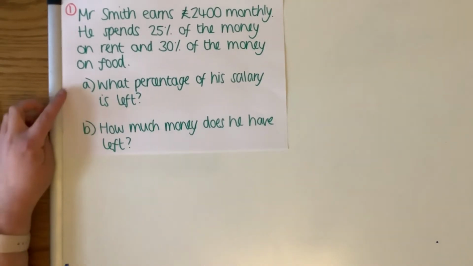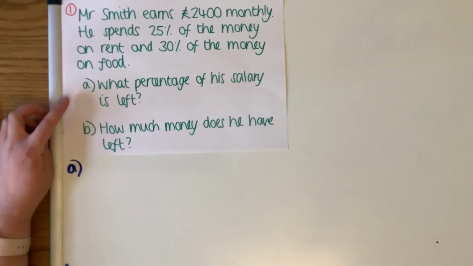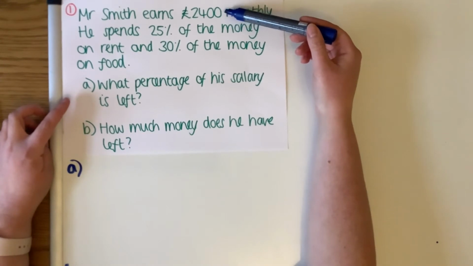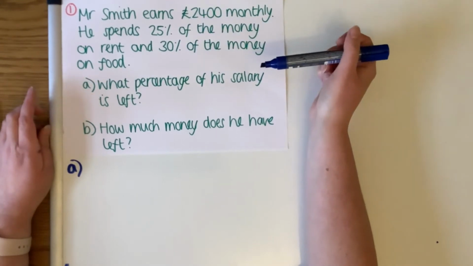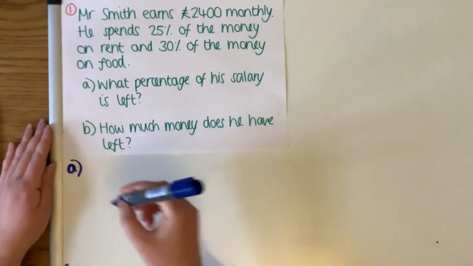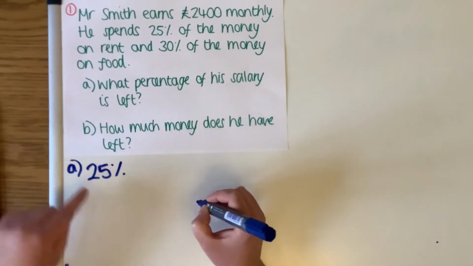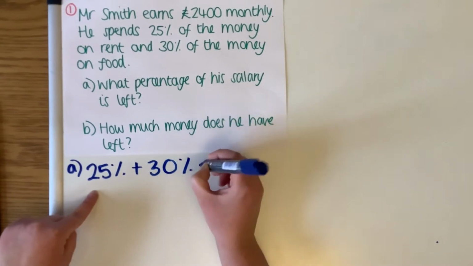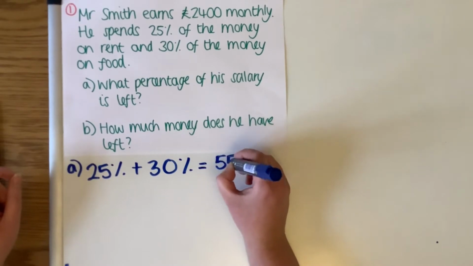I'm going to focus first of all on A. I'm asked what percentage of his salary is left. I know that he earns this much each month. He spends 25% on rent and 30% on food. To work out what percentage is left, what I need to first of all do is add up the percentages that he spends. So he spends 25% and 30%, so I'm going to add those together. 25 adds 30 is 55.